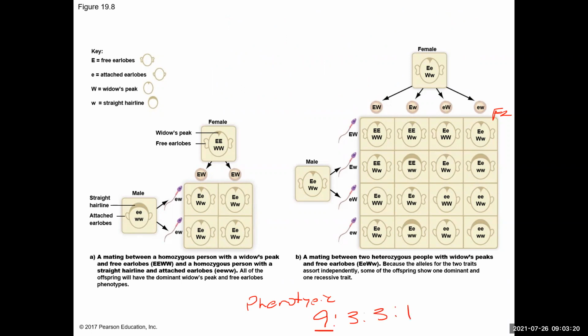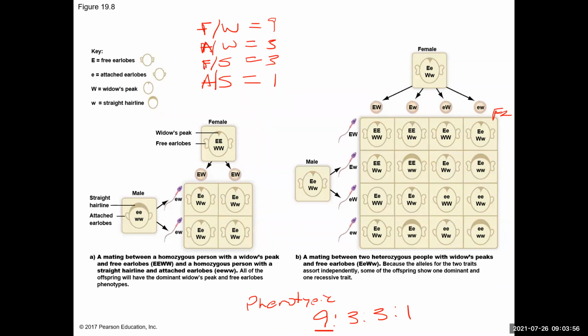So 9 individuals will be dominant, that is the free widow's peak. 1 individual will be recessive, which is the attached straight. And then you'll get 3 for each of the other ones, so attached widow's peak and free straight. So it would be 9, 3, 3, 1. Out of 16 possible combinations, this is that phenotype.